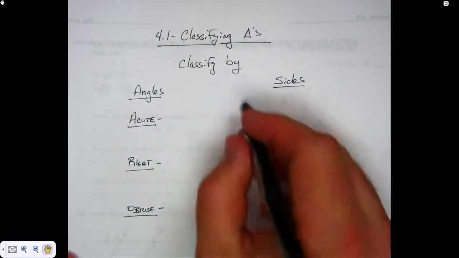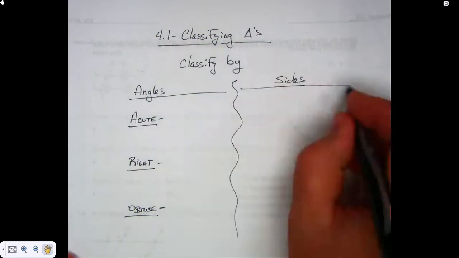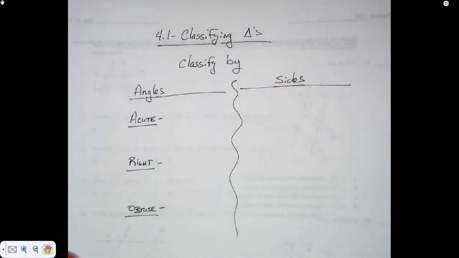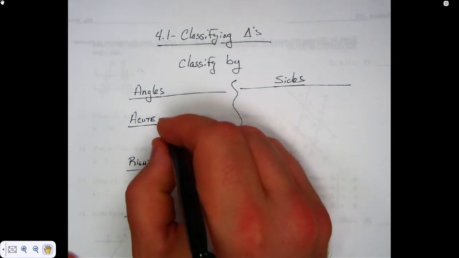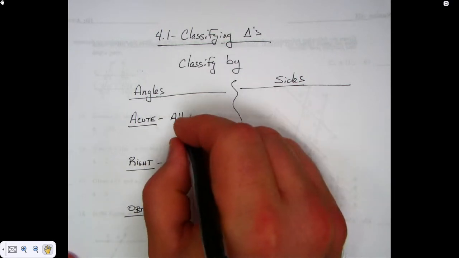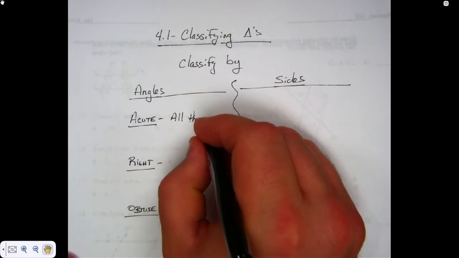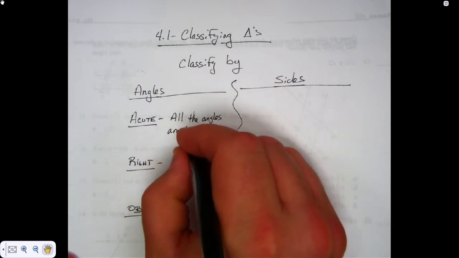Now, what's an acute triangle? Under 90 degrees. We have to be more specific. It's actually the only one where all the angles are less than what?